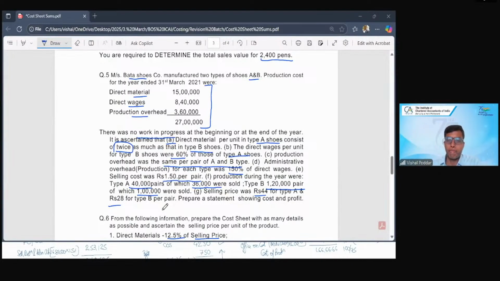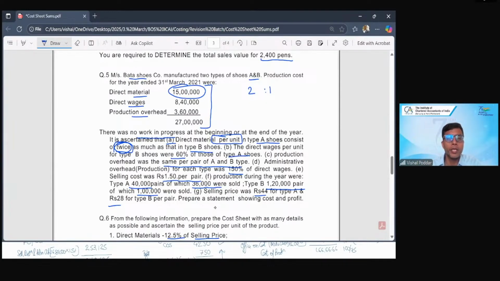Chalo then. See, what is given is direct material per unit. What many of you were doing is applying this ratio of twice on the total material cost, considering it as 2:1.